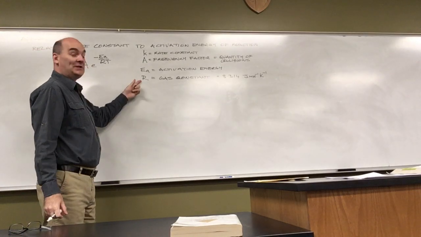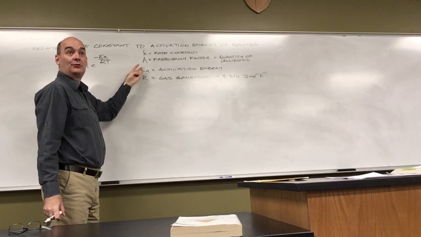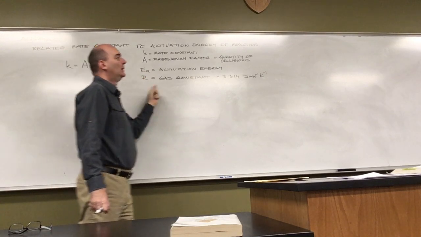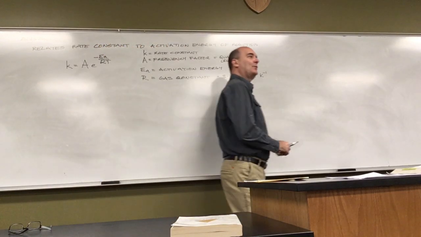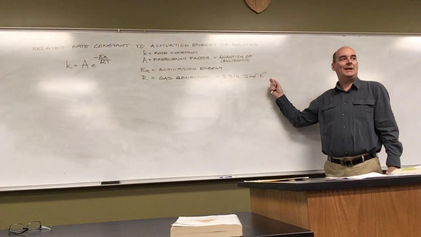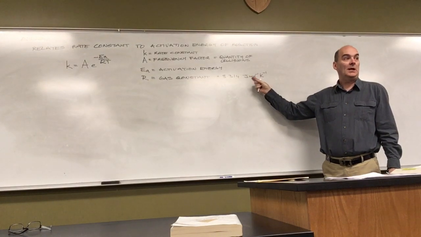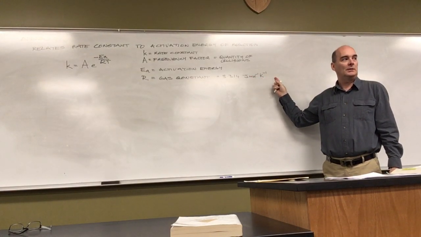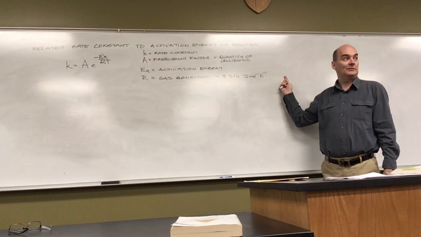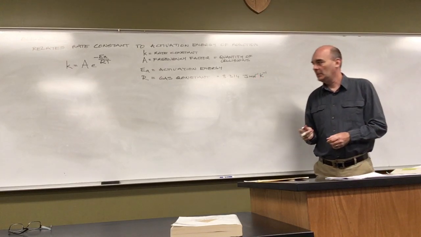So if you ever see R written down in a calculation that relates something going on in the gas phase to energy, it's going to be in this form, which is the 8.314 joules per mole per Kelvin. Now, we often see kilojoules per mole. There is a K in here, but that K is not at the beginning. These are not kilojoules, this is joules per mole per Kelvin.